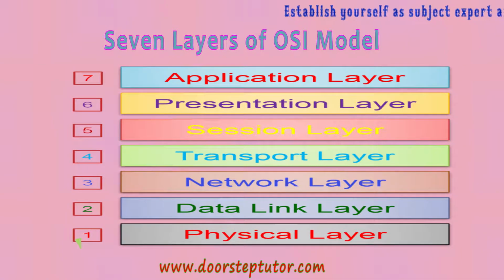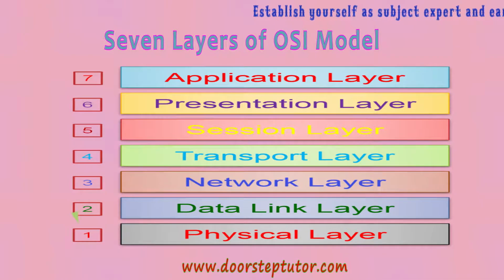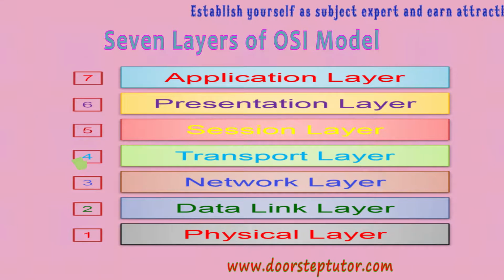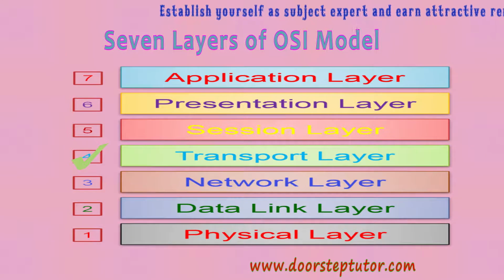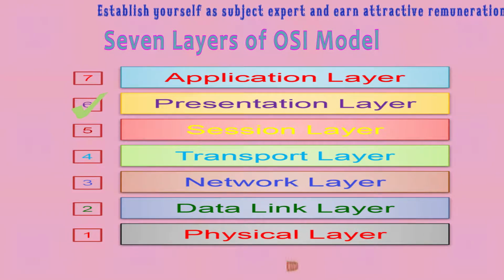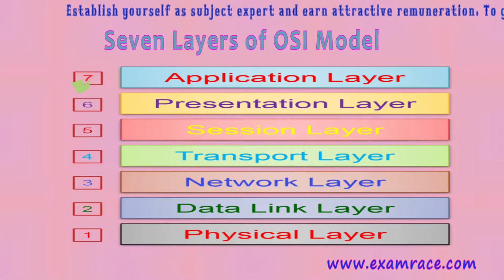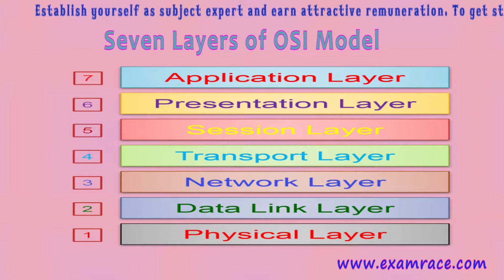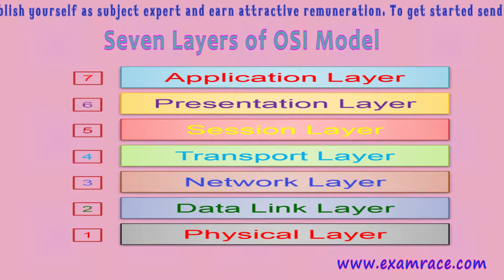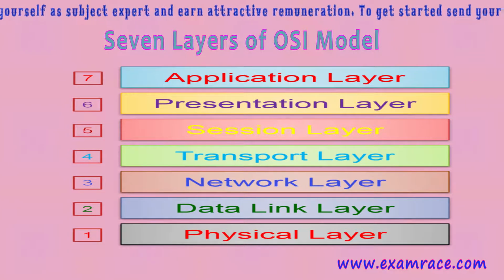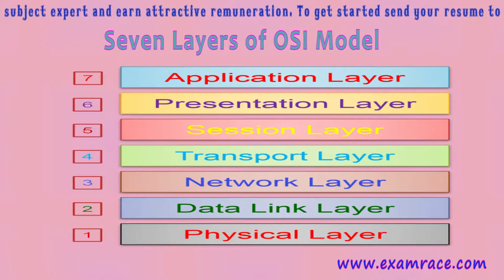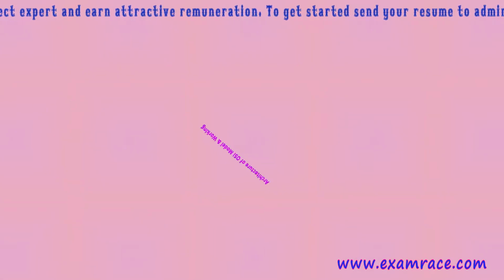The first layer is the physical layer, then the data link layer, then the third is the network layer, the fourth is the transport layer, which is a very important layer, then the fifth is the session layer, the sixth is the presentation layer, and the seventh is the application layer. These are the 7 layers of the OSI model. Every layer of the OSI model is very important for the coordinated manner, and each layer has specific functions.